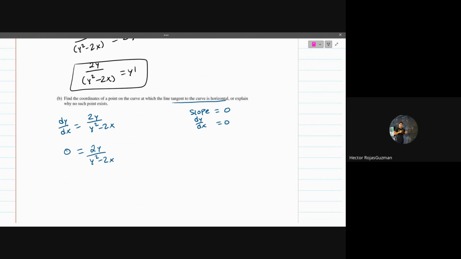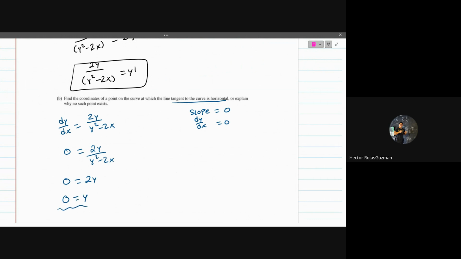All right, let's solve for y. First, multiply both sides by the denominator. And that gets us 0 is equal to 2y. Next, divide by 2. And there's your y coordinate.